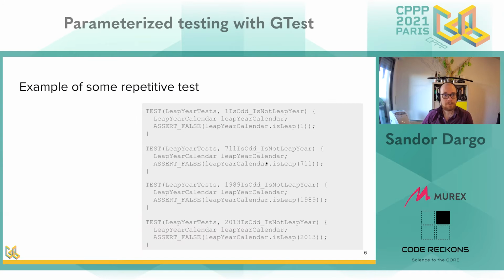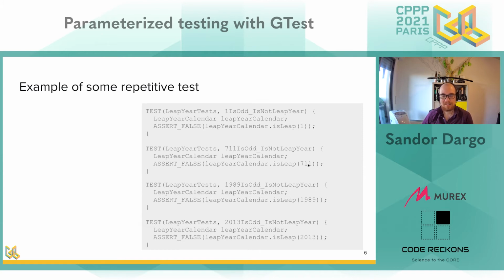So let's start with some examples for some repetitive tests. Here we have 4 different tests, which, well, I say they are 4 different tests, but after all, they are pretty much the same. We instantiate a leap year calendar object, and then we check that, well, here basically odd years are not leap years.